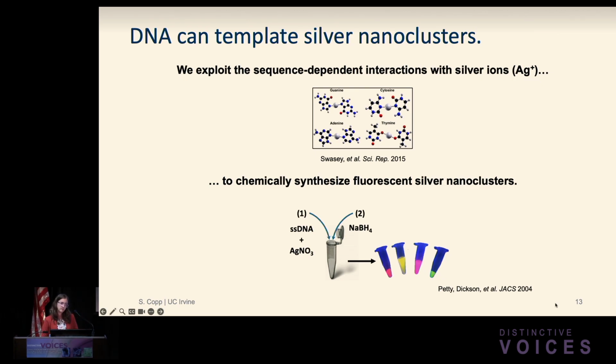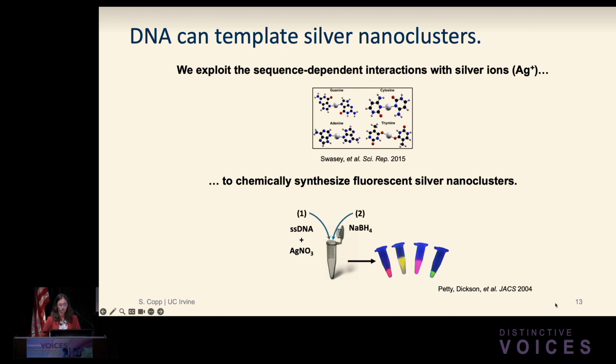So it was discovered exactly 20 years ago that if you mix silver nitrate, which is a silver salt, and single-stranded DNA in a test tube, and then you chemically reduce it, which is the chemical reaction that you do to form nanoparticles, you can actually form brightly fluorescent nanoclusters instead.